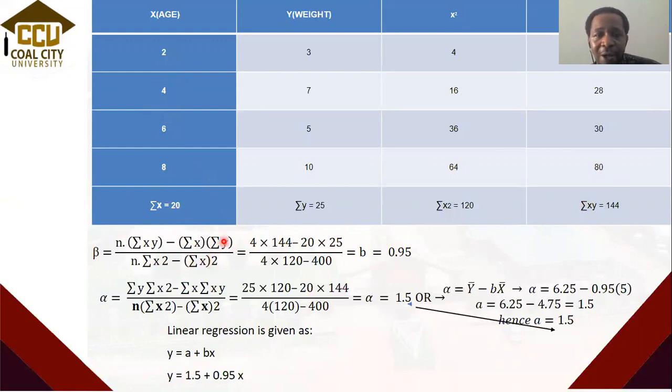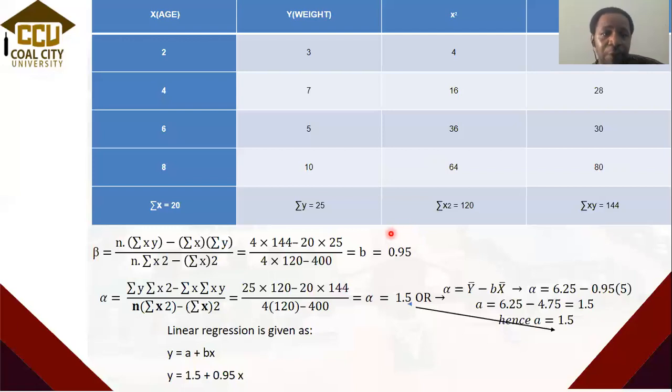Then we have summation y, which is 25, divided by n again, which is 4, multiplied by summation x squared, which is 120, minus summation x raised to the power of 2, which is 400. When you divide through, it gives you 0.95. Now 0.95 becomes our beta value, which is more like the slope.